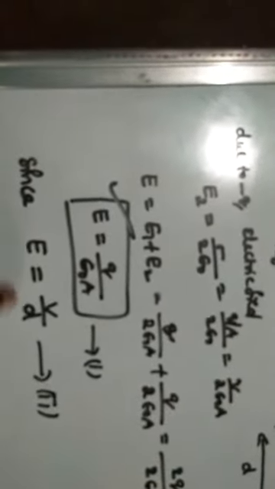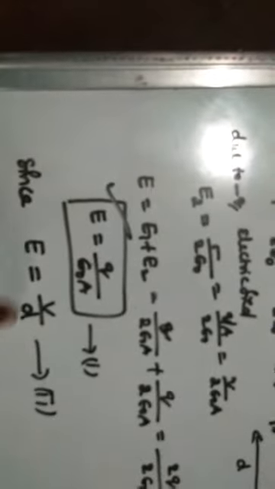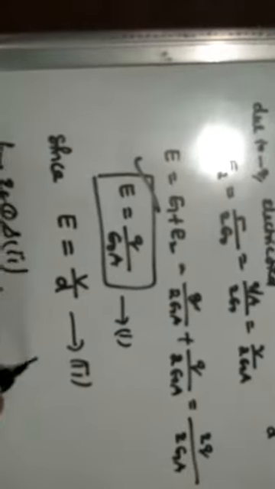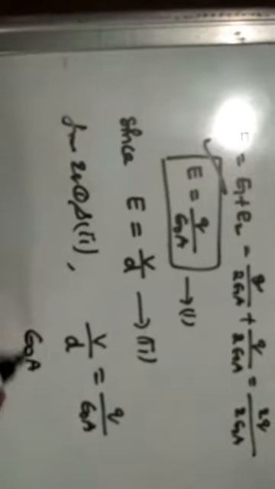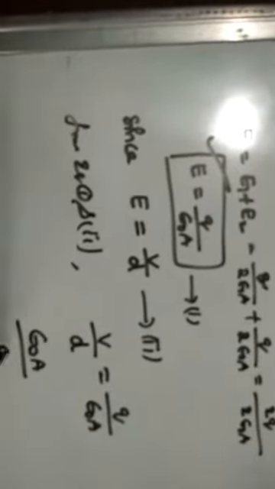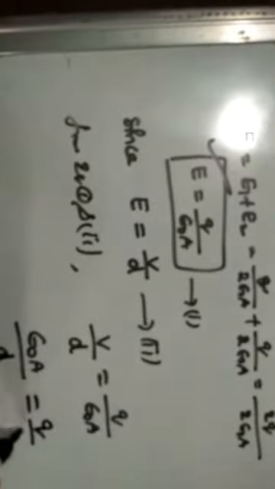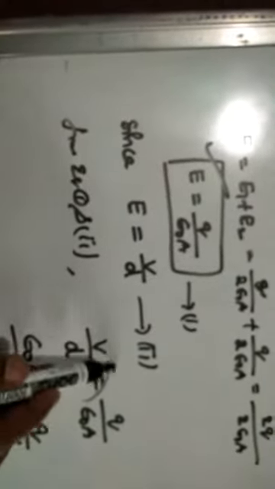Already we have the derivation of the basic relation between electric field and potential difference. Equating those two, from equations 1 and 2, V by D is equal to Q by epsilon naught A. Rearranging, epsilon naught A by D is equal to Q by V. So I am rearranging like this. We know very well.